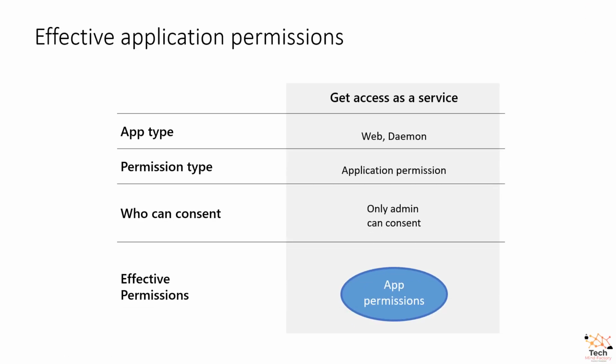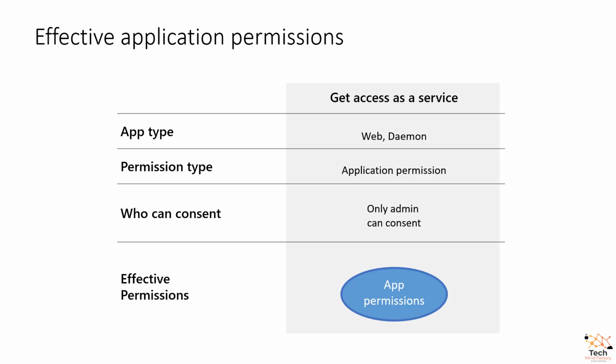Okay, and again, when it comes to effective application permissions, let's discuss them really quickly. First of all, we said we are getting access as a service. Yes, there is no user context. When it comes to application type, it can be a web application, background service, or daemon, but basically this is an application that is authenticating as itself without the user context.